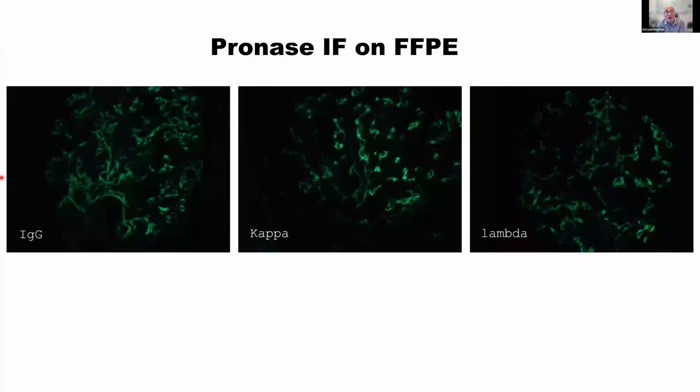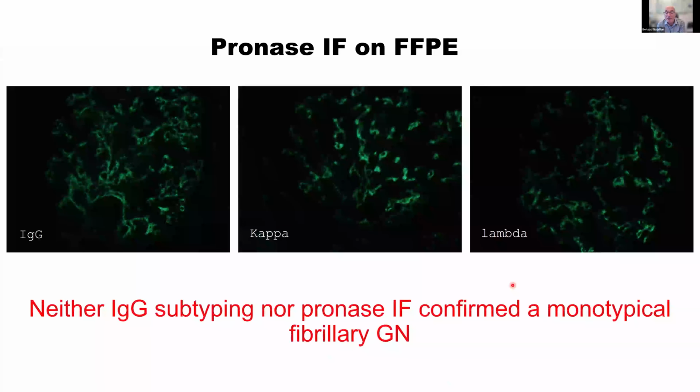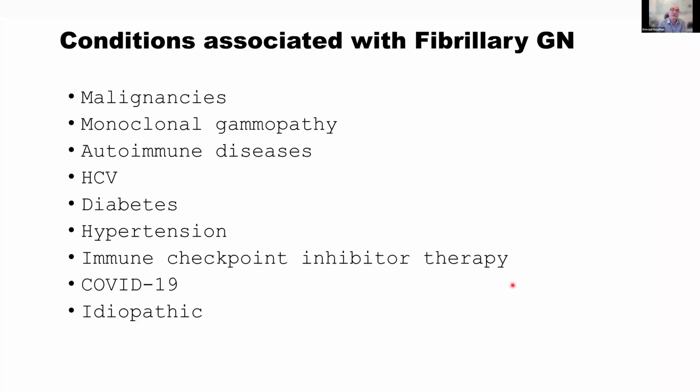As you can see, this one also shows that the deposits are staining for IgG, kappa, and lambda light chain. So pronase digestion also is not supportive of monotypic fibrillary GN in this case. All right. Okay. So then, what is going on? We of course have some information.